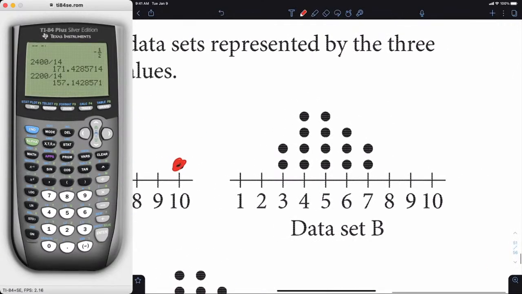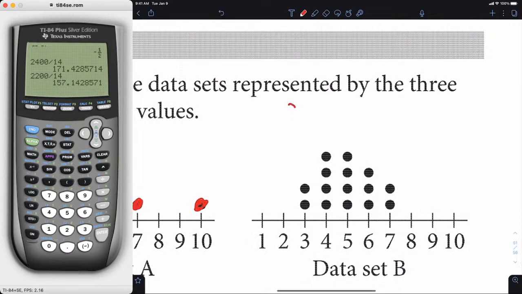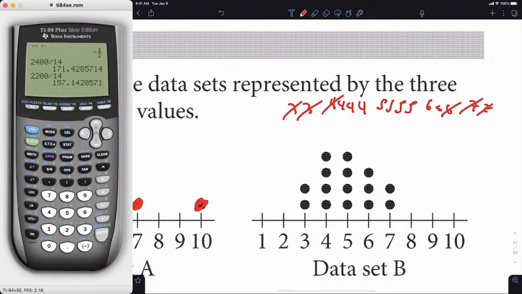Let's try here. So 1. No, it's going to be like this. 2. This method's kind of weird, but it kind of works. I can list it out. 3, 3, 4, 4, 4, 4, 5, 5, 5, 5, 6, 6, 6, 7, 7.